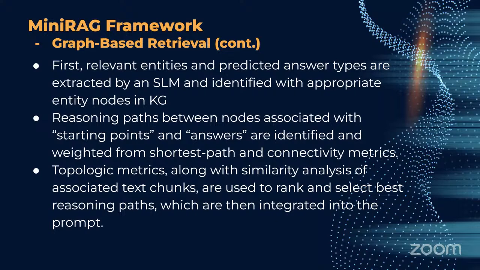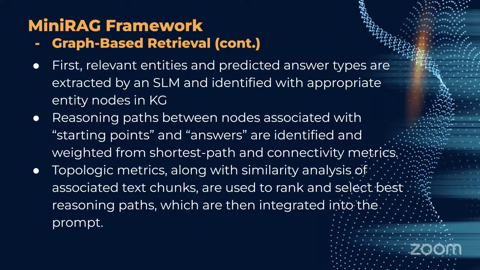And it can perform fairly straightforward analysis on what the shortest paths are between the candidate starting points and the candidate answer nodes, and also determine connectivity metrics specifically associated with the starting point nodes in order to determine the most likely starting point for a good answer. The thought there being that the more reasoning paths a starting point node is associated with, the more likely that starting point node is to be a good place to start on reasoning.